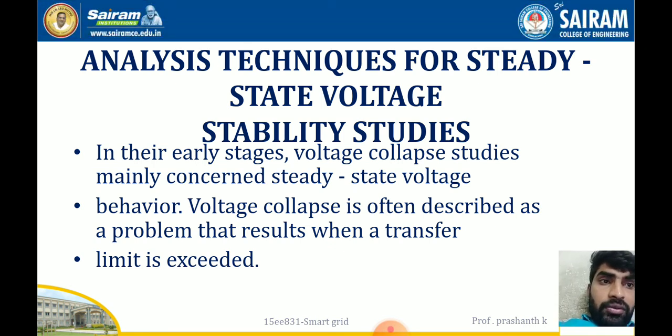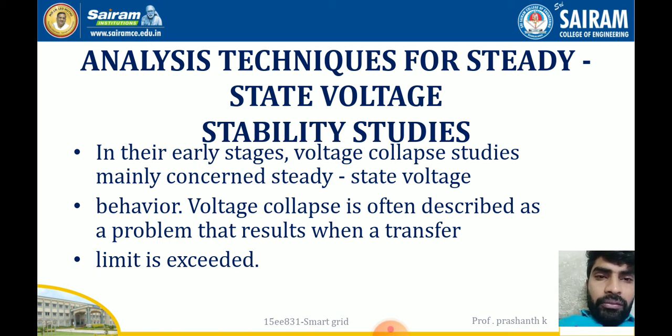In the early stages, voltage collapse studies mainly concerned steady state voltage behavior. Voltage collapse is often described as a problem that results when the transfer limit is exceeded. So in the analysis technique, suppose there is planning, expansion or extension in the power supply system. Some of the techniques, if voltage collapse occurs, will make a stable operation in a short interval of time.